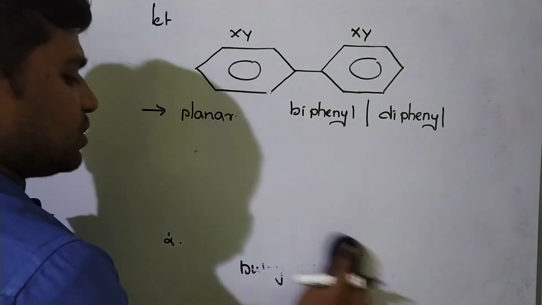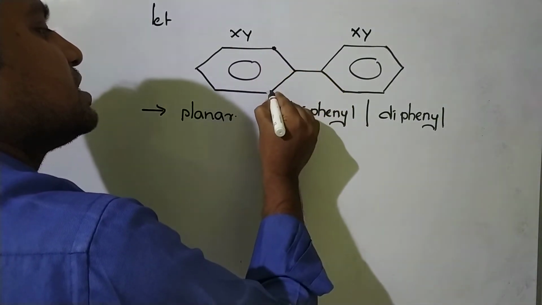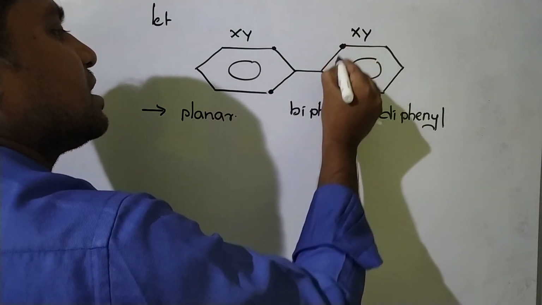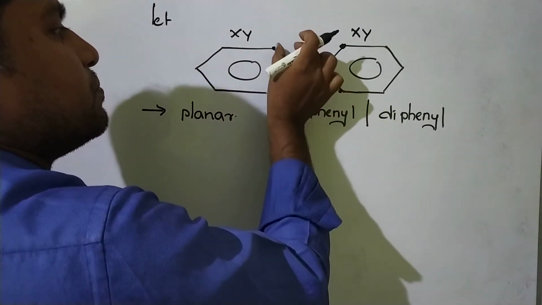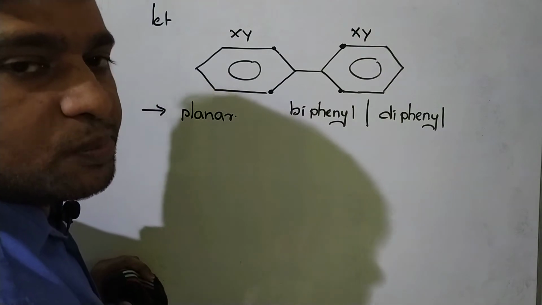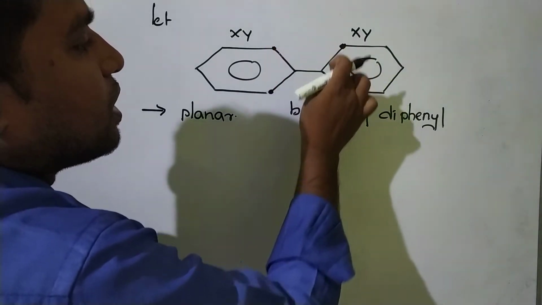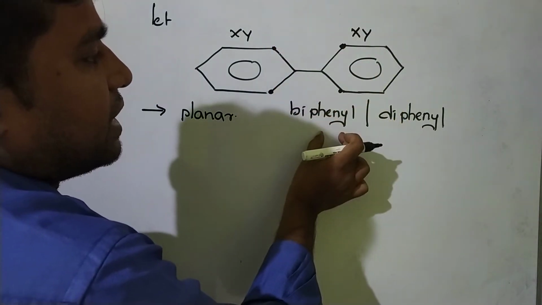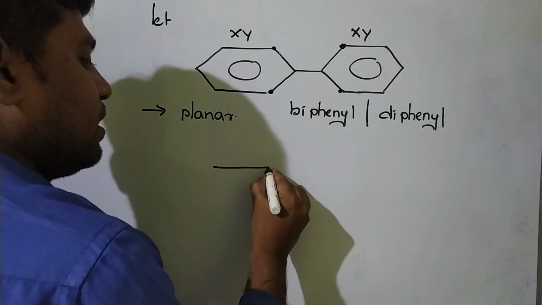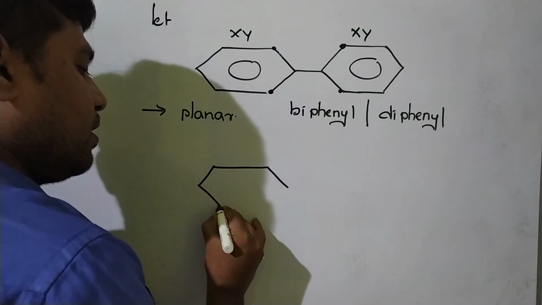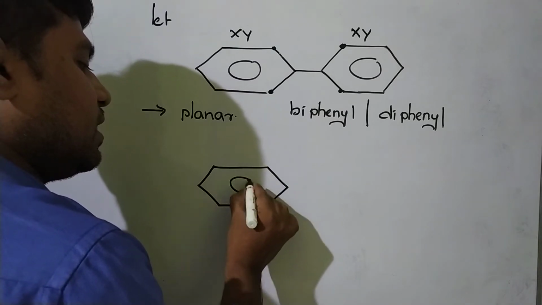Suppose the ortho positions, means this is one ortho position, this is another ortho position, and so on. These four ortho positions of biphenyl will be occupied by some bulky groups. If we introduce bulky groups at these four ortho positions in biphenyl, what happens?